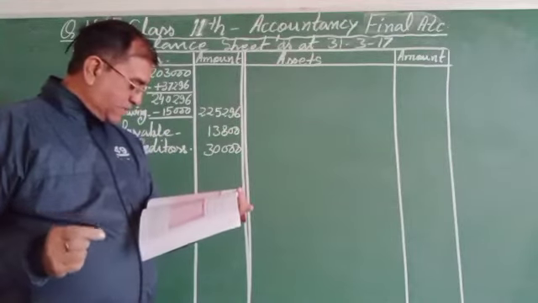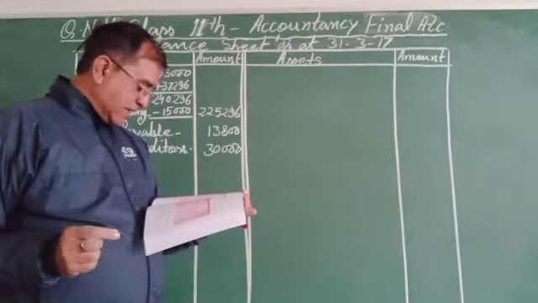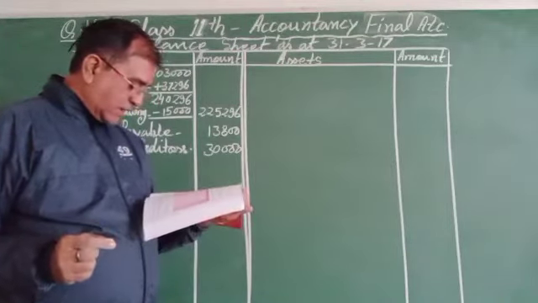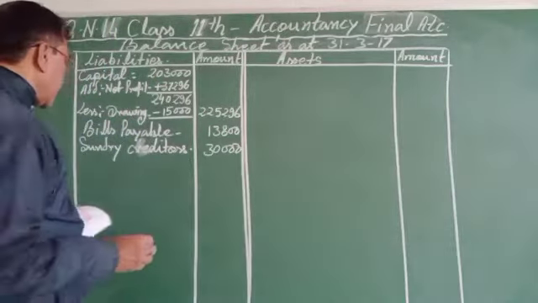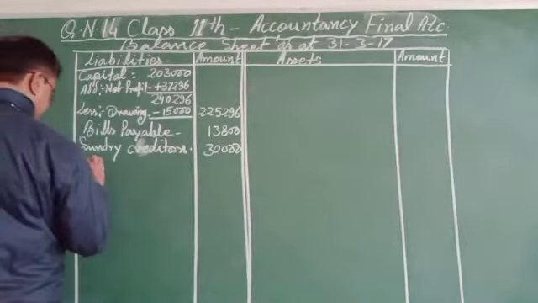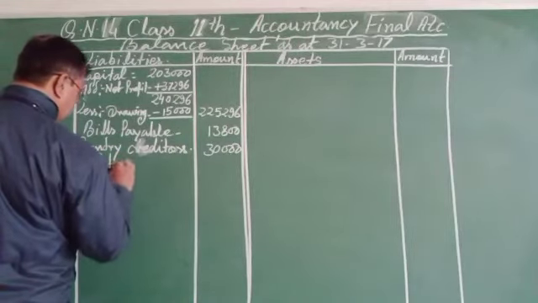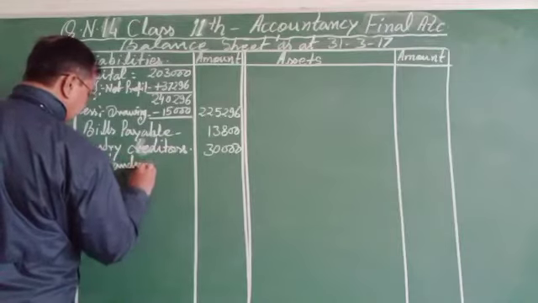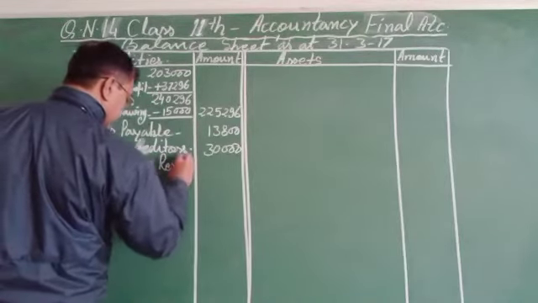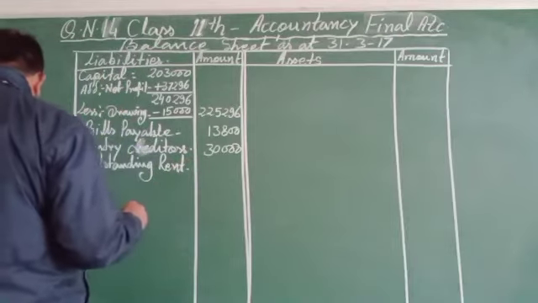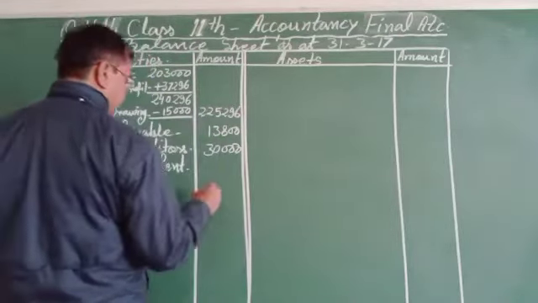Closing stock, depreciation, provision for discount, and only 3 quarters' rent has been paid, the last quarter's rent being outstanding. Outstanding rent, that is 900.